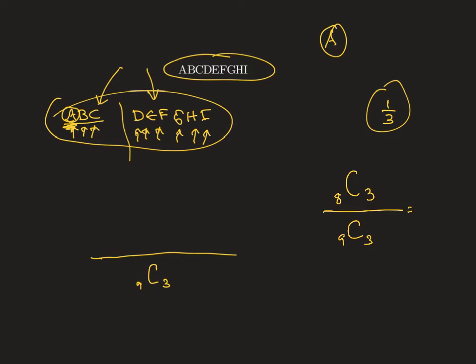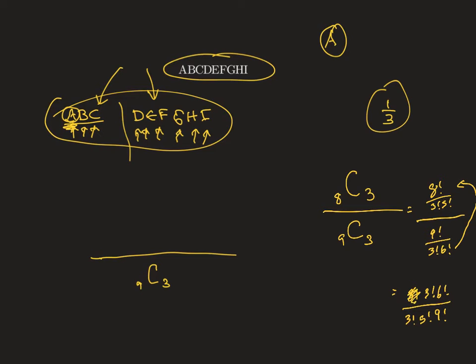And this is equal to 8 factorial over 3 factorial, 5 factorial, divided by 9 factorial over 3 factorial, 6 factorial. That becomes 8 factorial times 3 factorial, 6 factorial, divided by 3 factorial, 5 factorial, over 9 factorial.